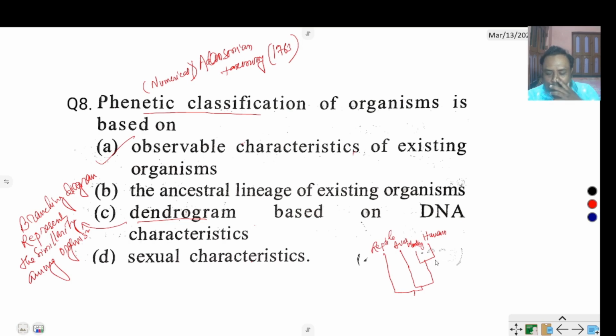Here, monkey and human are closely related. Monkey are closely related to aves than human. Aves are closely related to reptile than human. So this type of representation is called dendrogram, that represents the similarity among organisms.